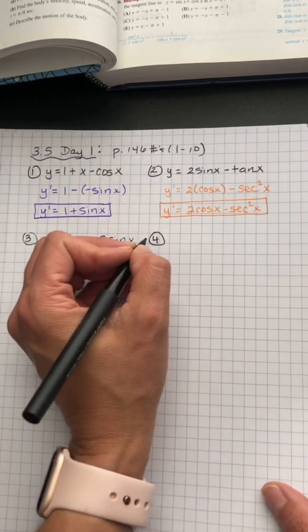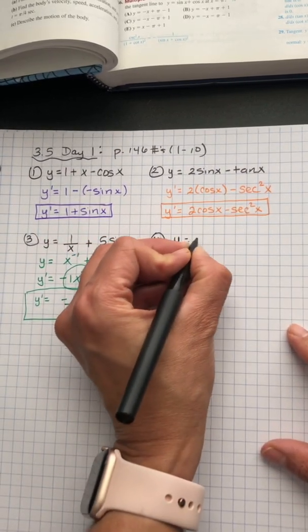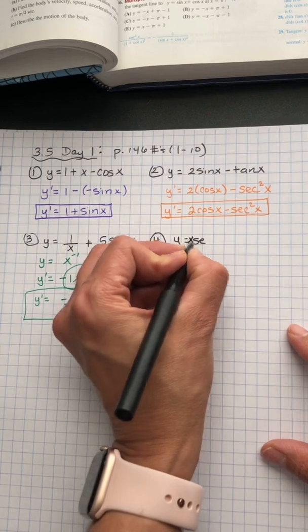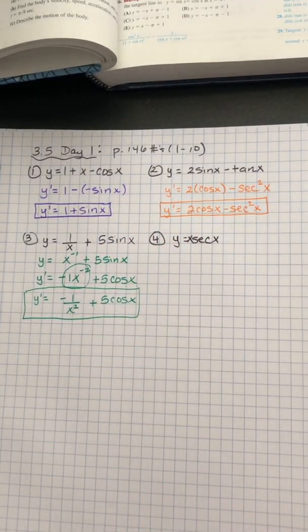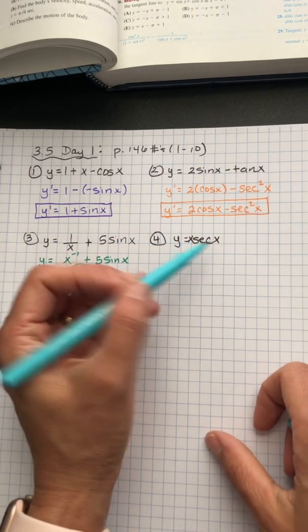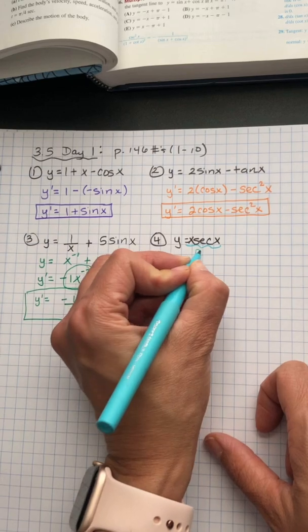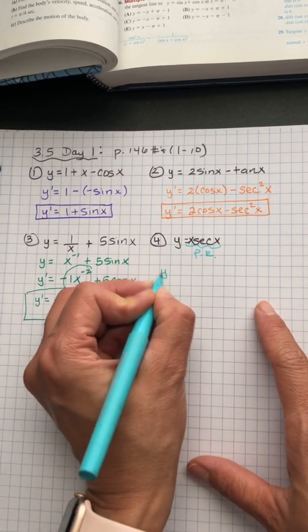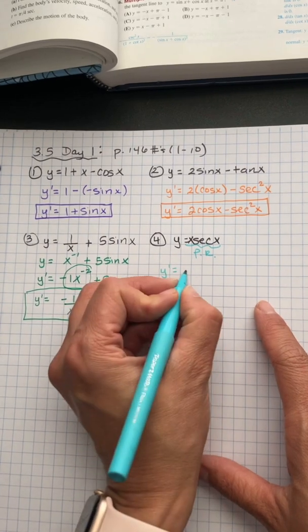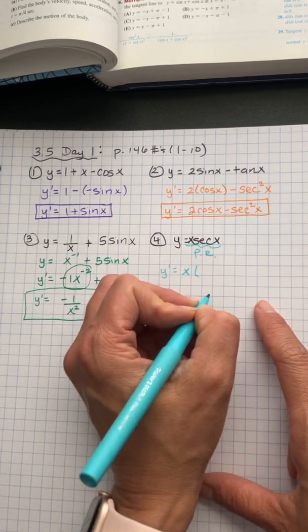Number 4, y equals x secant x. So we have that x. X is a variable. So that variable in front means since I have a quantity times a quantity that I have to use product rule on it. So y prime equals the first times the derivative of the second.